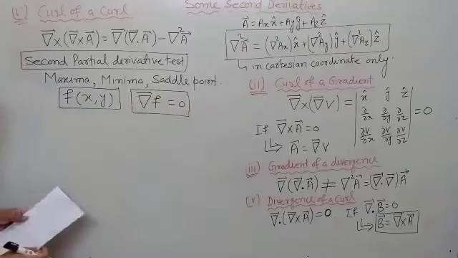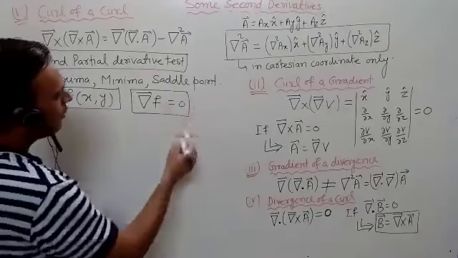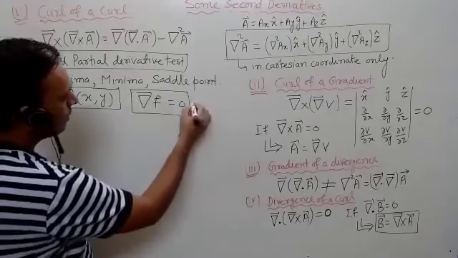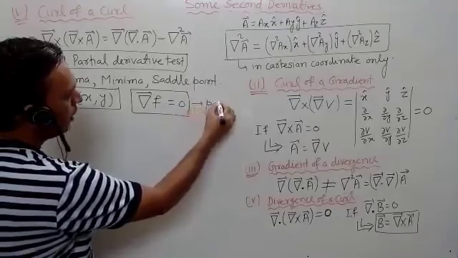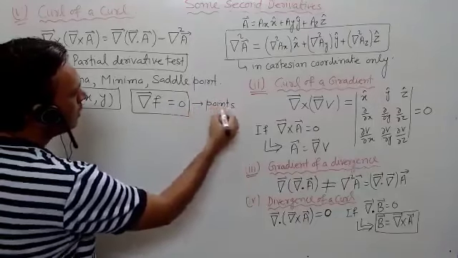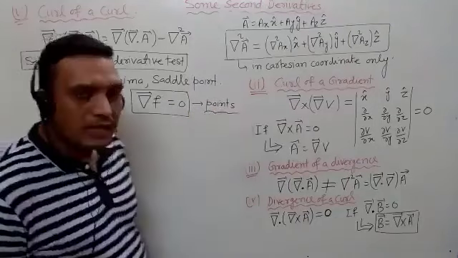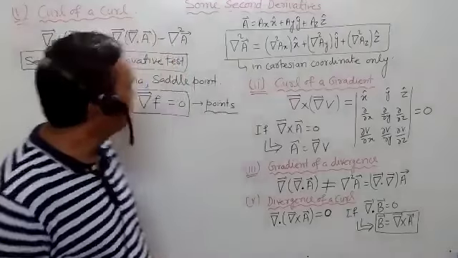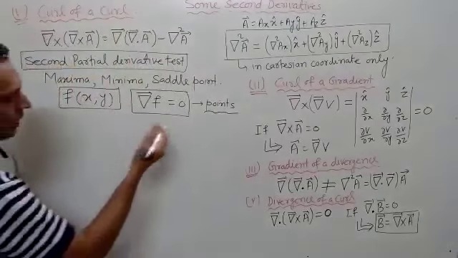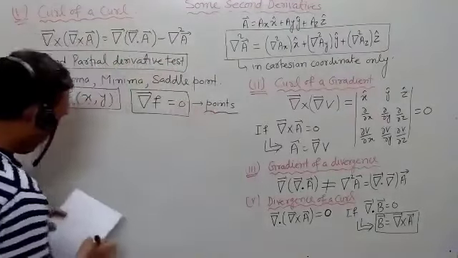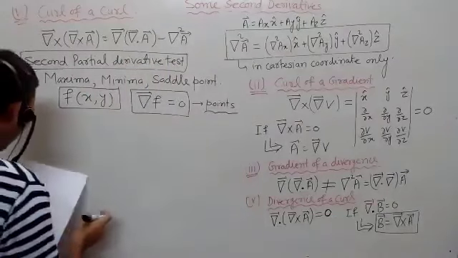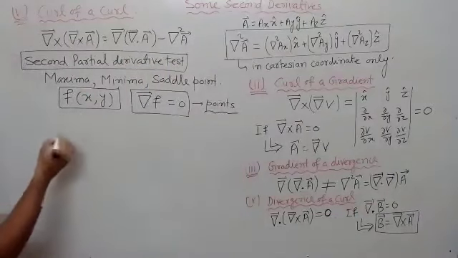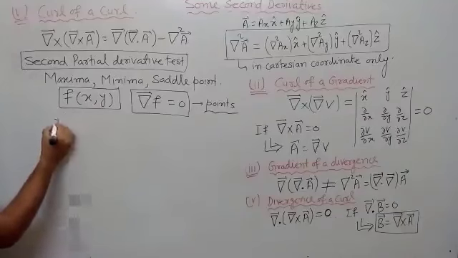This is the condition, and then you find the points. Now at those points, you have to check whether they are maxima, minima, or saddle points. So check the second derivative.